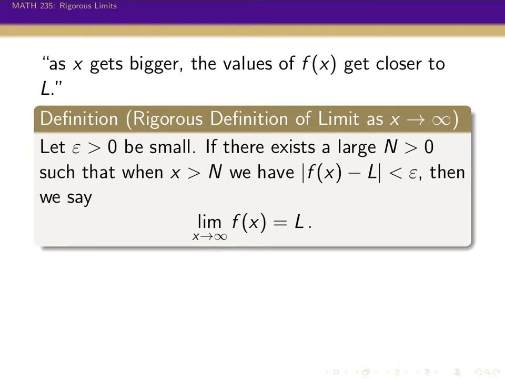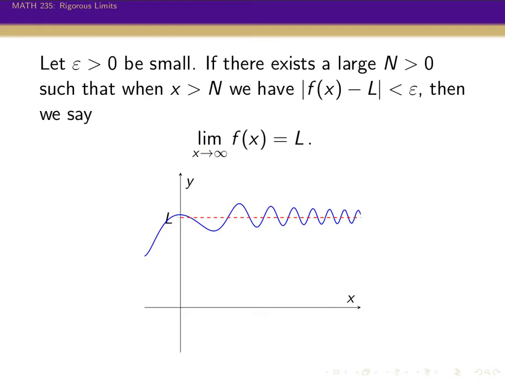So let epsilon be small. If there exists a large n, which we're going to use to measure x, such that when x is larger than n, we have the distance between f of x and L is less than epsilon, that's what we mean when we say that the limit as x goes to infinity of f of x equals L.